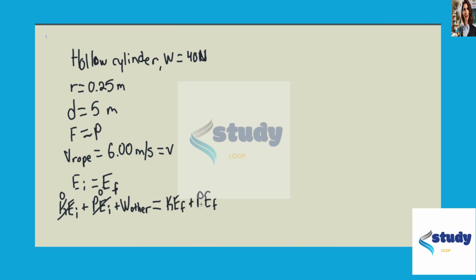The potential energy final is zero as well because in the end, the only energy that we have after the rope has been pulled is kinetic energy. So here, the work here would be FD. The formula for work is force times displacement times cosine of theta. Theta here would be 0 degrees.